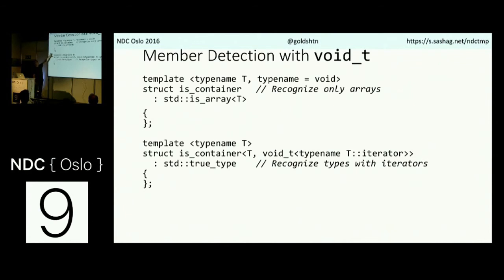And we have our base case, which will then deduce that int, because it's not an array, is not a container. But if T does have a nested iterator typedef, then this thing over here is well-formed, and this is just plain void, right? And then this is a specialization of the previous case, and this specialization is a better match. So the compiler, when doing the template specialization pattern matching, would pick this version and deduce that our type is a container because we inherited from true_type.